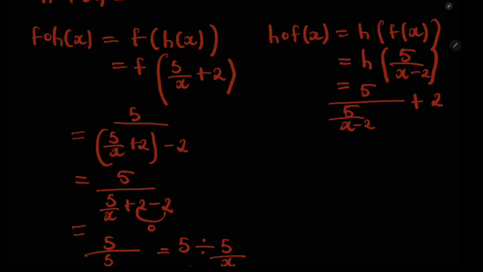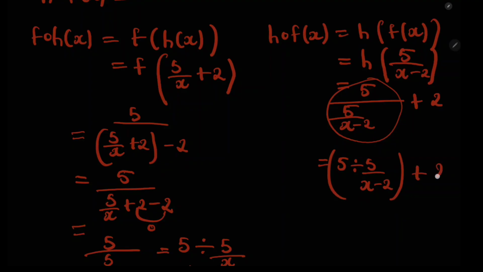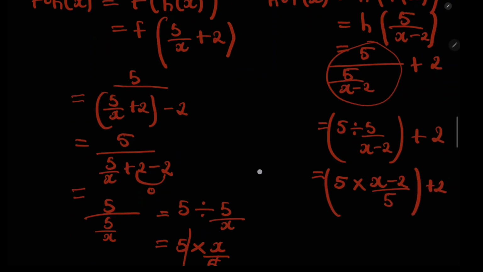If we tackle this, it will be 5 divided by 5 on x minus 2, all plus 2, which is the same as 5 times x minus 2 on 5, plus 2.